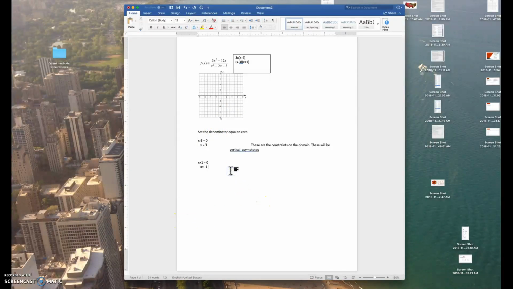And then you want to think about any horizontal asymptotes. And those come from the relationship of the degree of the numerator and denominator. So since the degree is the same, your horizontal asymptote will be a ratio of the leading coefficients.